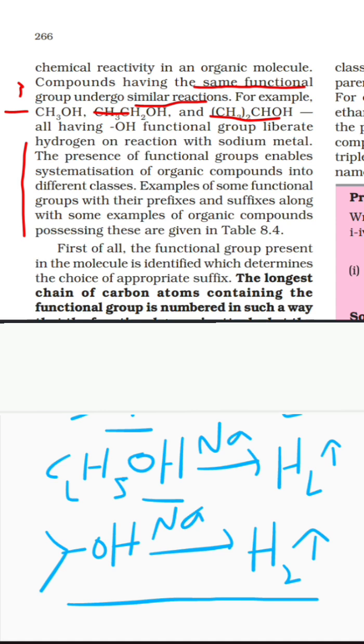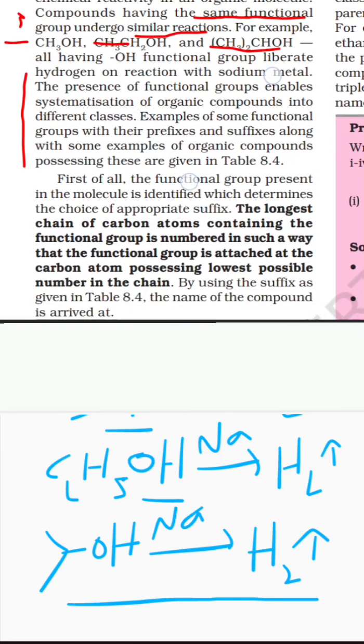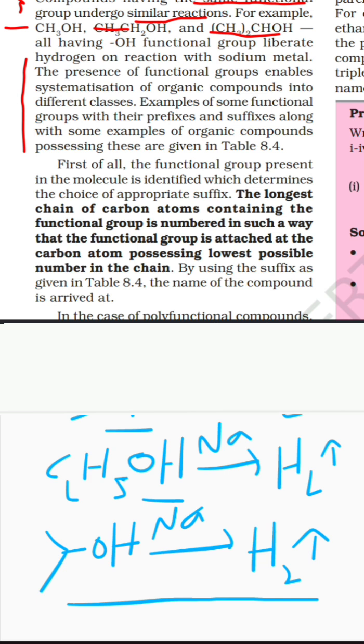Like alkanes are one group, alkenes one group, alkynes one group, like that. And aldehydes one group, alcohols one group, like that. Different types of compounds are available. Okay. So examples of some functional groups are given in Table 8.4.